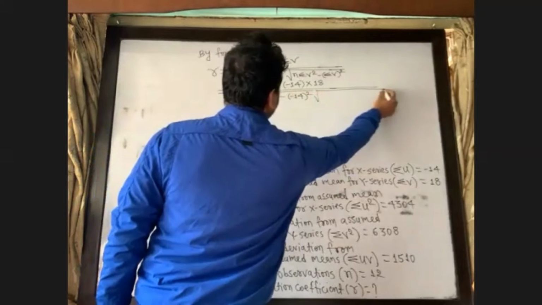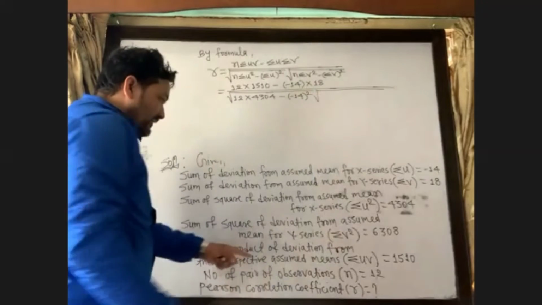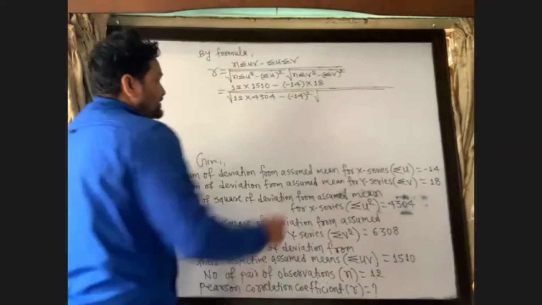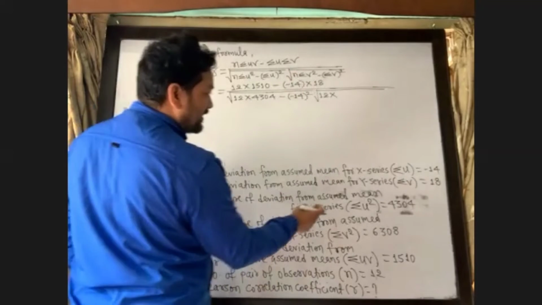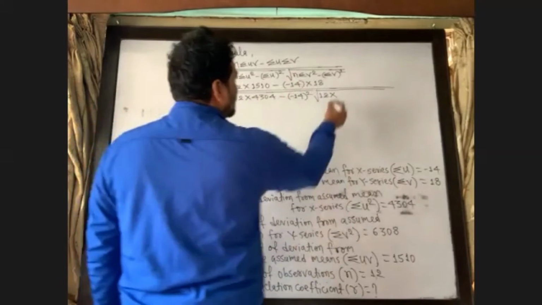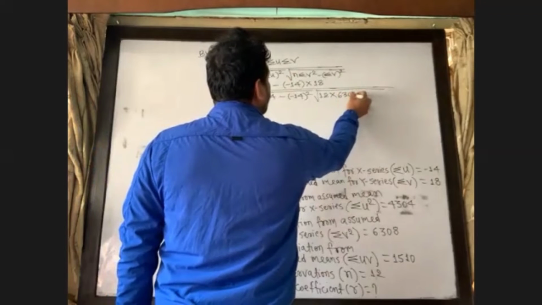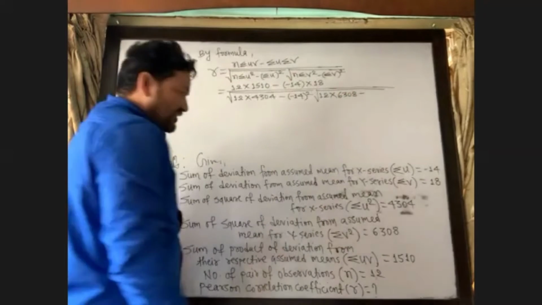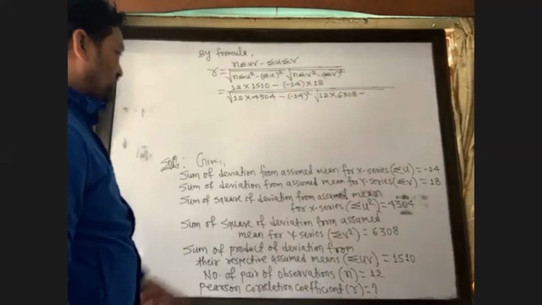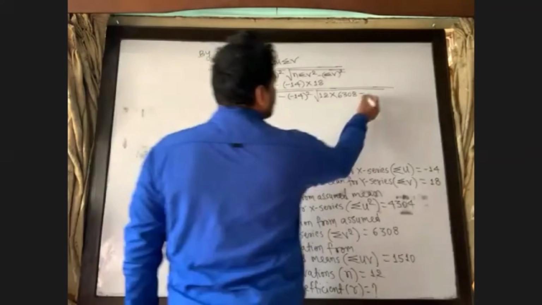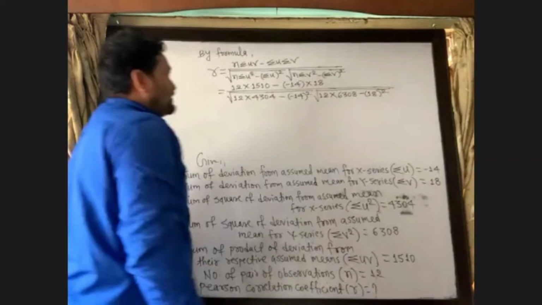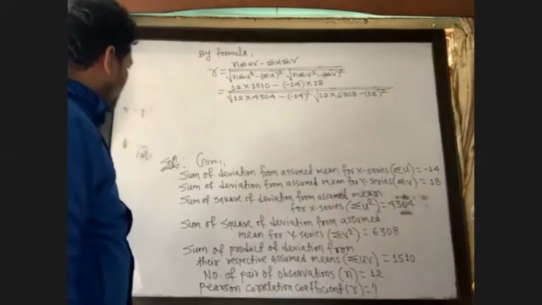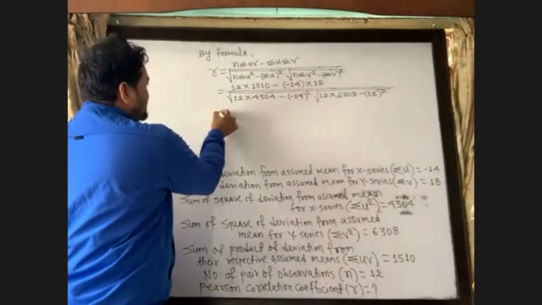Then another root, N is 12, so 12 into summation V square, which is 6,308, minus summation V whole square, 18 square. In this way we put the values. Now let's make the calculation.